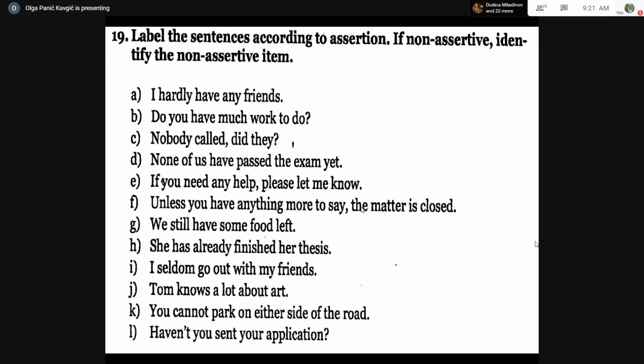Already. How would you make it negative? She hasn't finished her thesis yet. Yet. Very good. So you see what becomes of already. And this proves that already is clearly an assertive item. Good. Thank you.